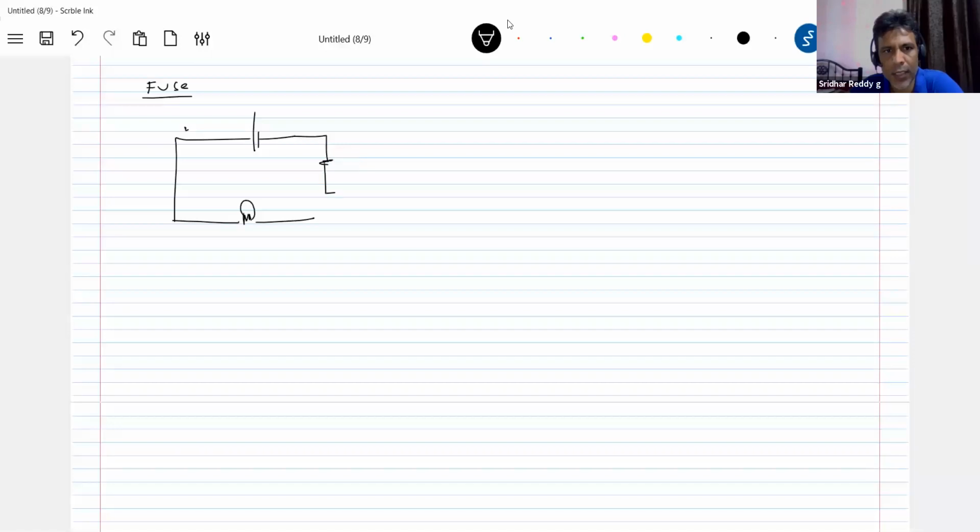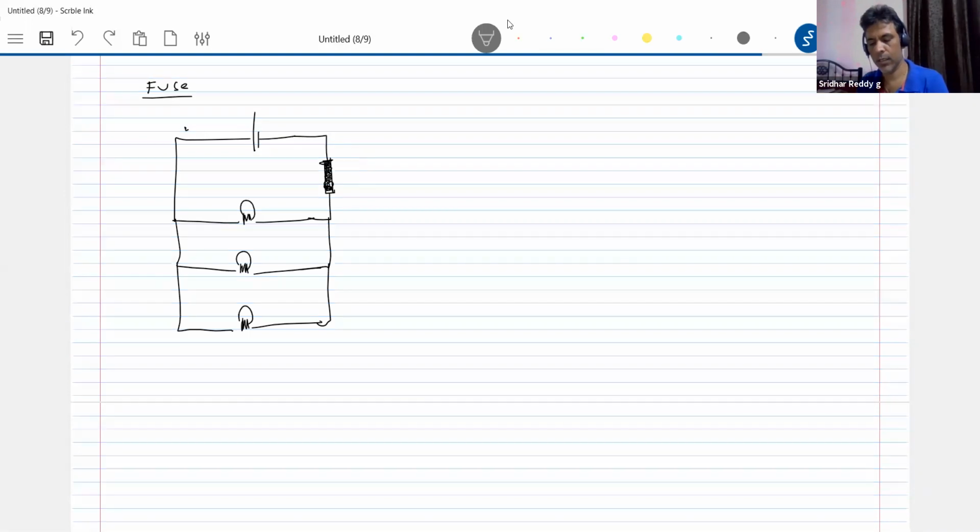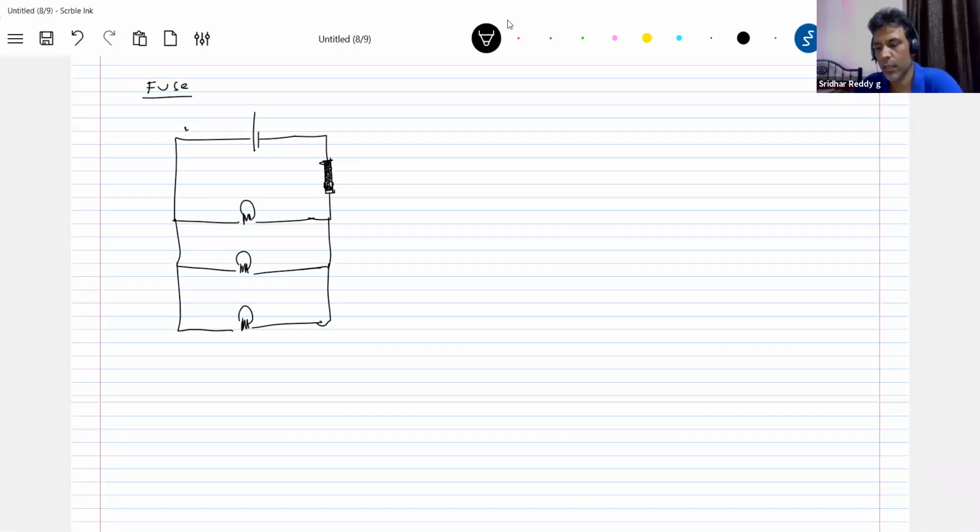Fuse means it's a wire. The resistance of all bulbs are identical.